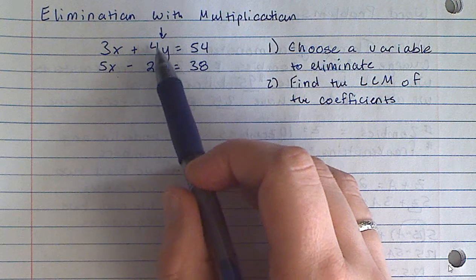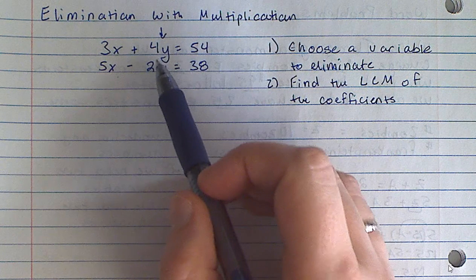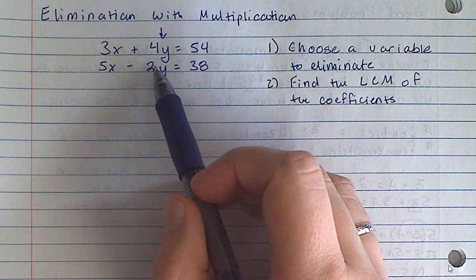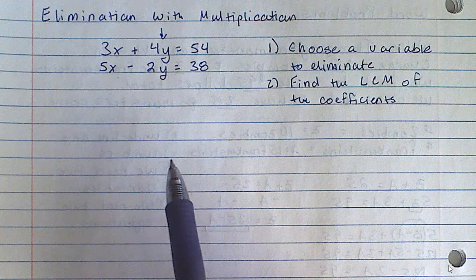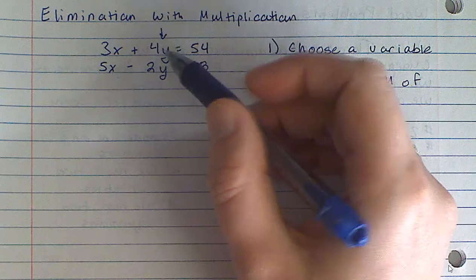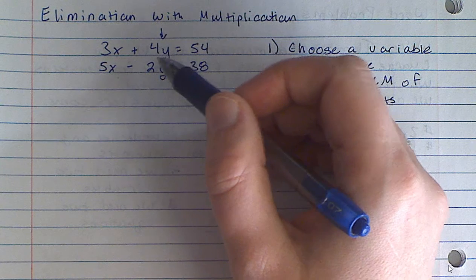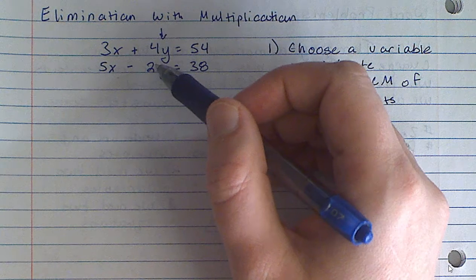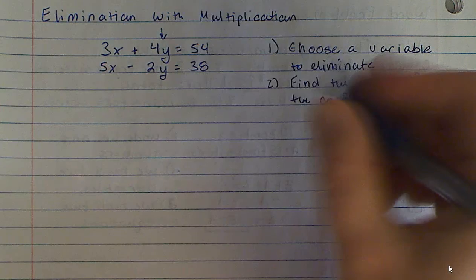So 2 and 4, they can both multiply to be 8. They can multiply to be 16. They can multiply to be 80. Of those numbers I just listed, which one is lowest? 4. So step number 3.